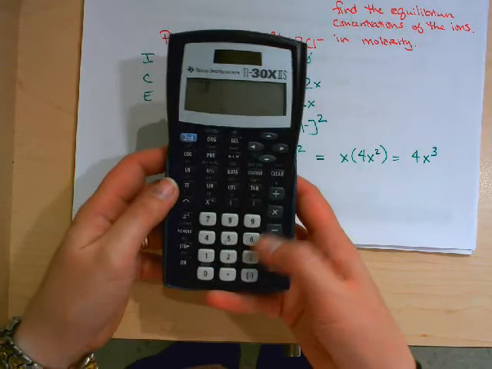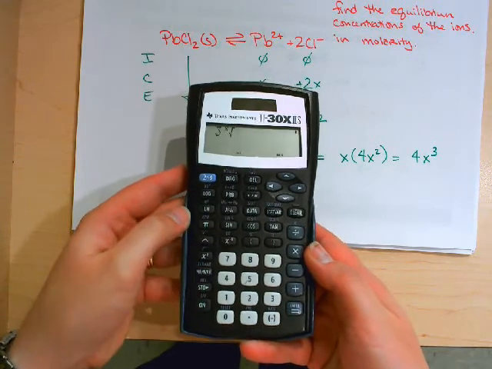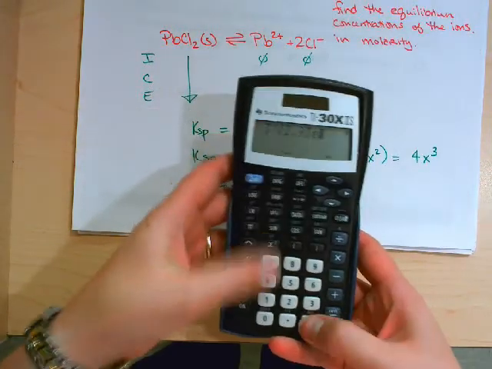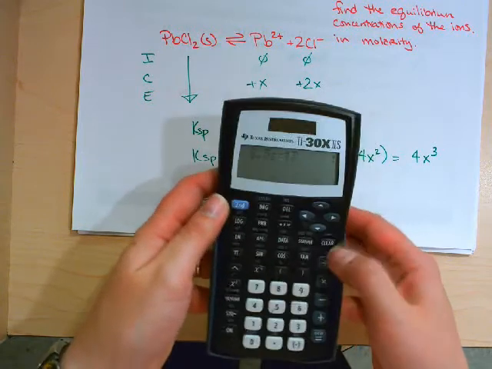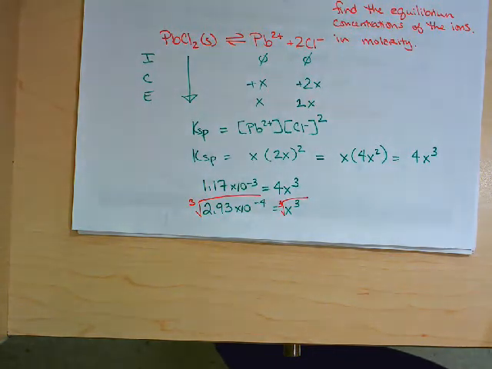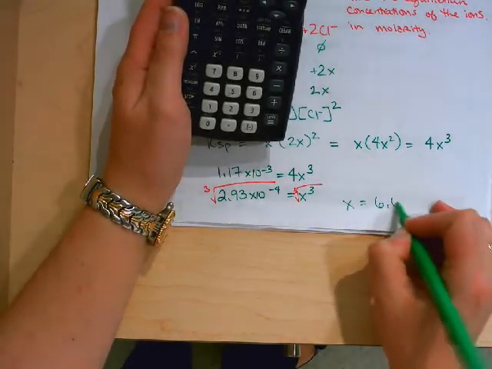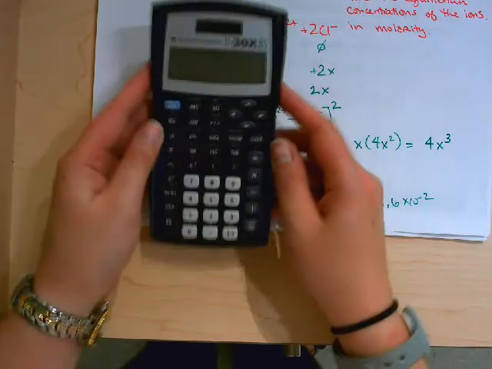On mine, you press 3, and I punch in the number 2.93 times 10 to the negative 4.